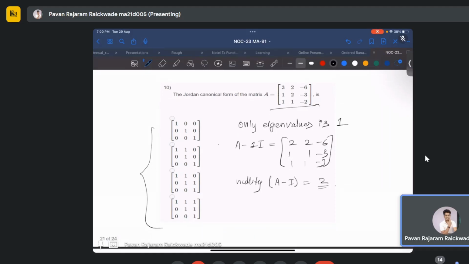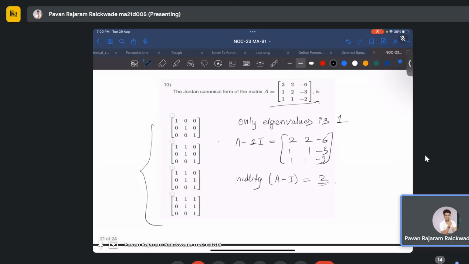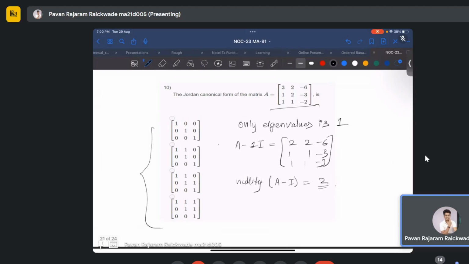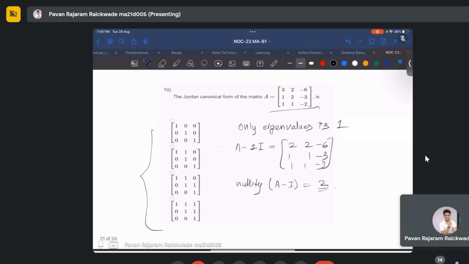Okay. But what can I conclude from it? Option B. So if I say option number B, then what are we concluding? That the geometric multiplicity is the maximum size of a block, right? Yes, sir.